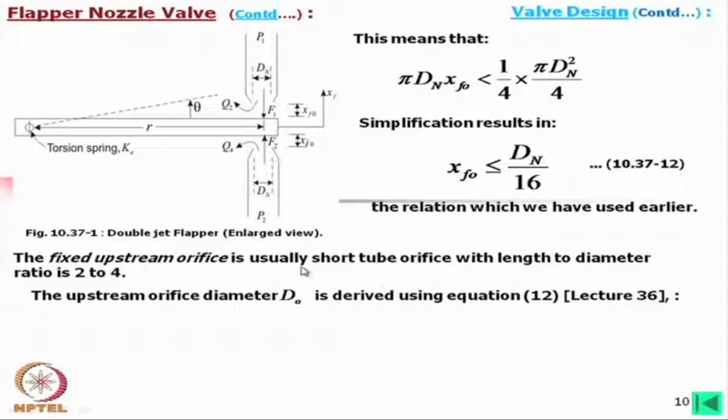No, this is not this orifice. We are talking about this other orifice here. That has to be there to control this flow. On both sides, the fixed orifice will be along with this tube. Now, in that case, usually a short tube orifice with length to diameter 2 to 4 is used.